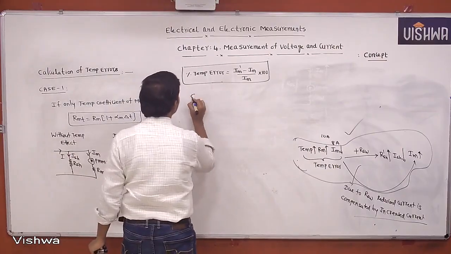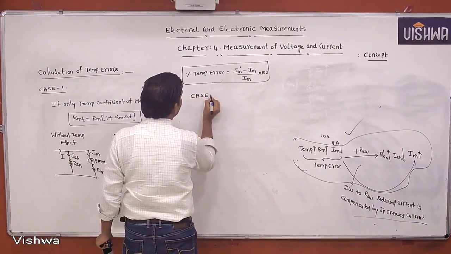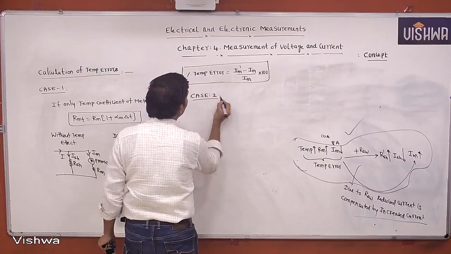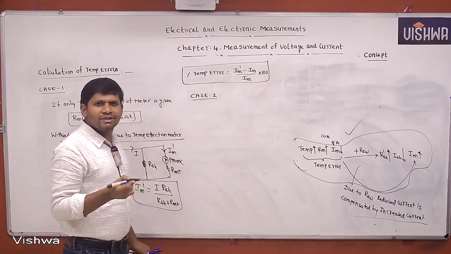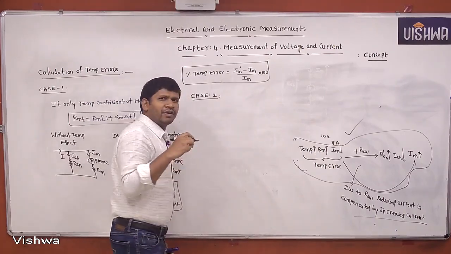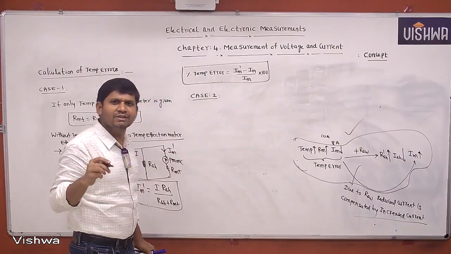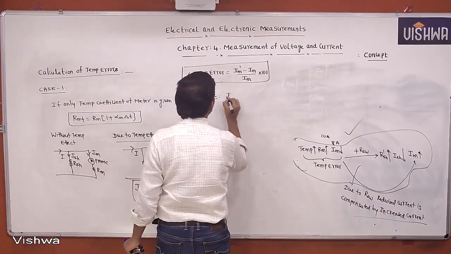Case 2. If the temperature coefficient of both meter and shunt is given, that means there is a temperature effect on the meter, and there is a temperature effect on the shunt also.